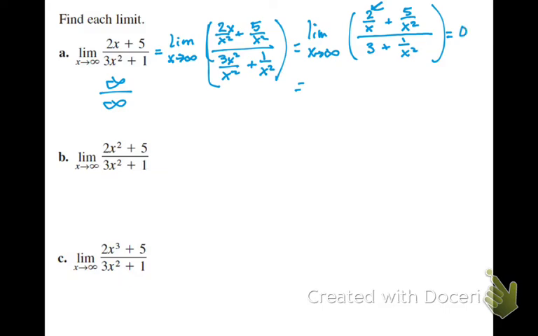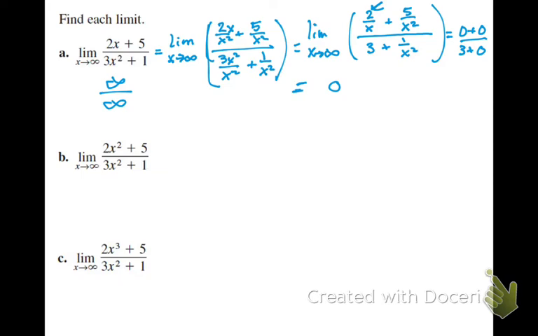And what's 5 over infinity squared? 0. And 3 is 3. Plus 0. So 0 divided by 3 plus 0 is 0. This is a trick.